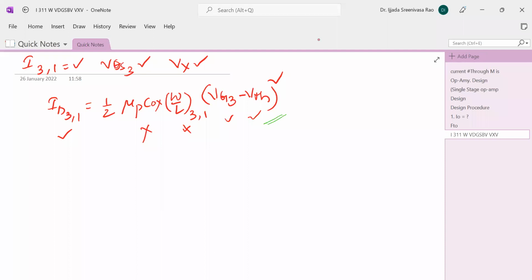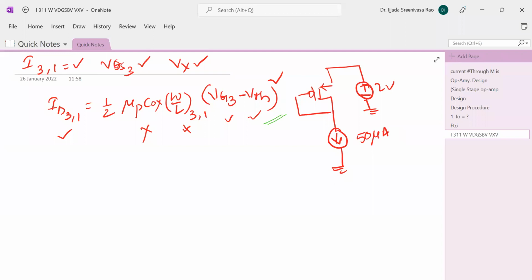Suppose if you take an NMOS or PMOS, anything. Suppose if you take the PMOS transistor, this is my PMOS transistor. If you simulate this, suppose 2 volts applied, and here is a current source of 50 microamperes.